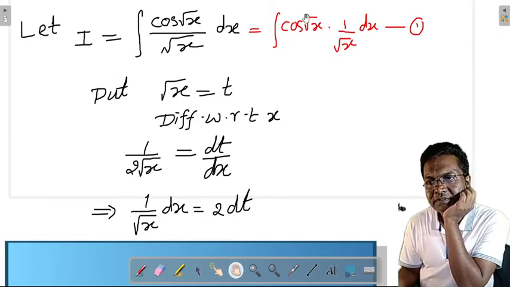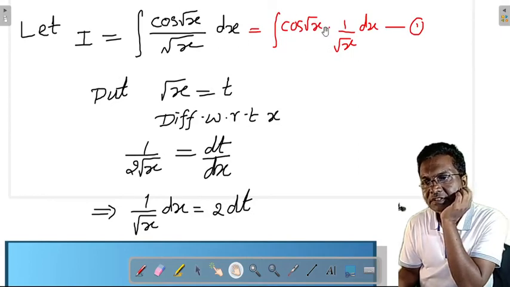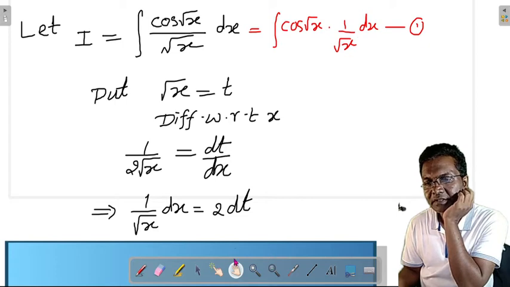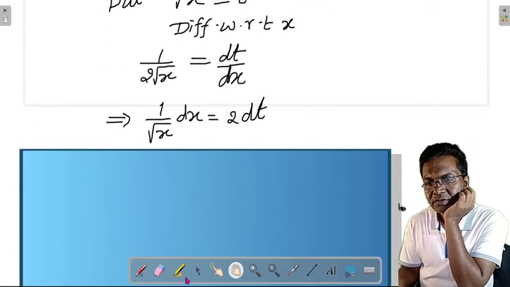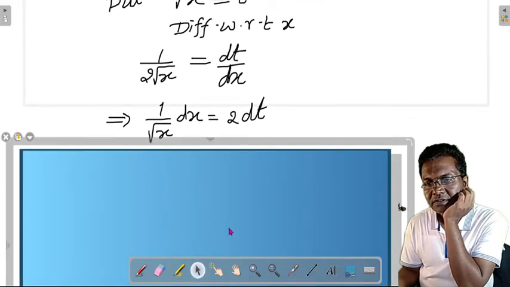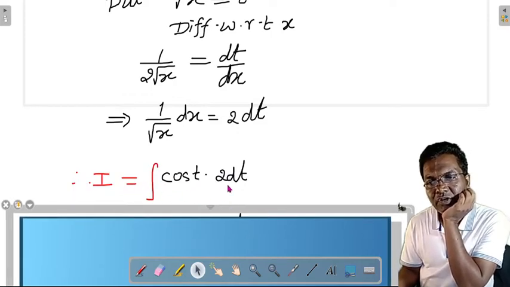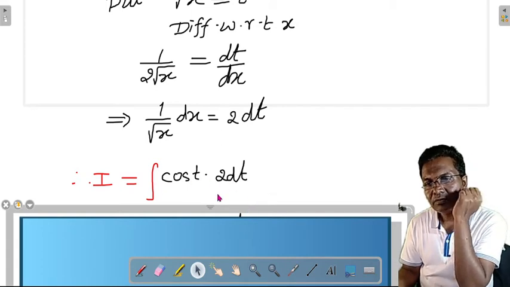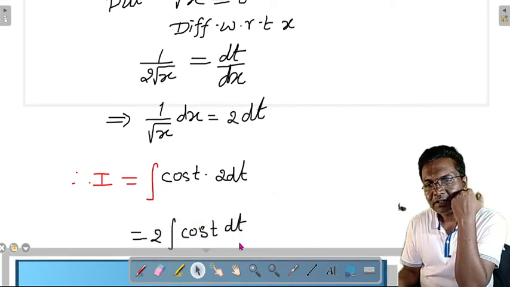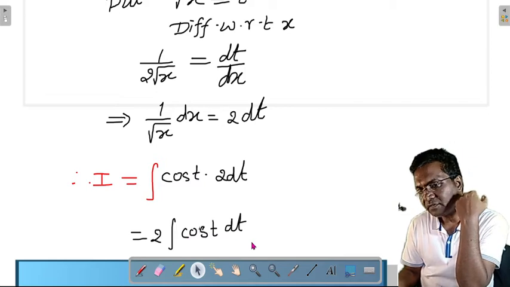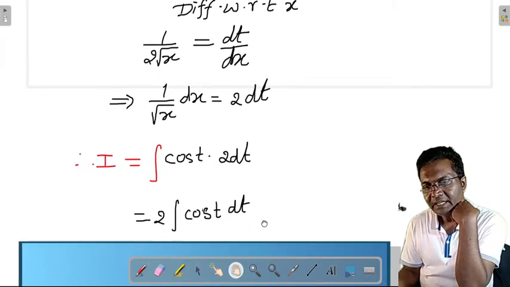I becomes the integration of cos t into 2 dt. Now 2 outside, you can write it as 2 times the integration of cos t dt.